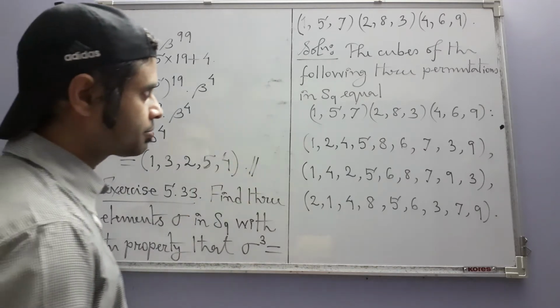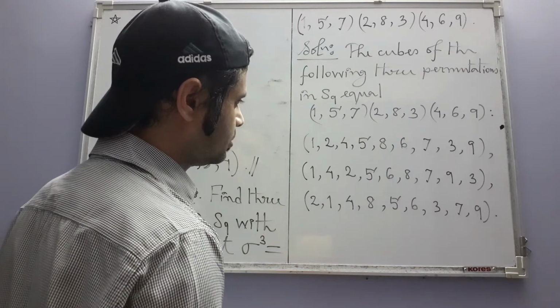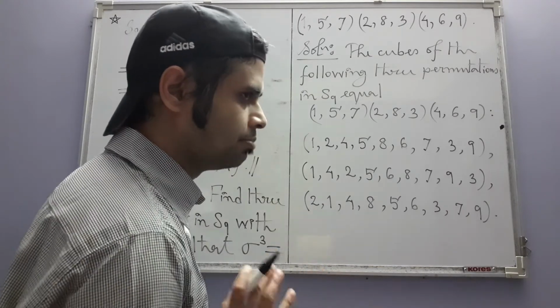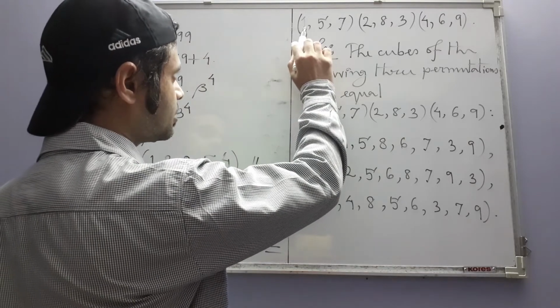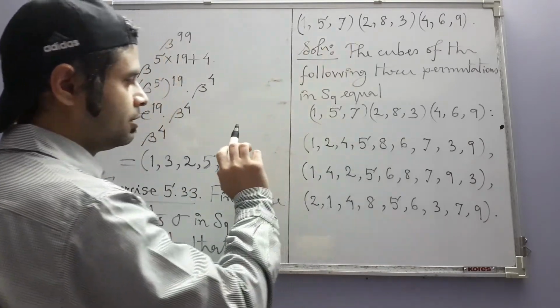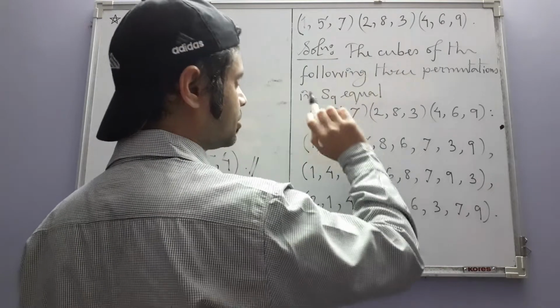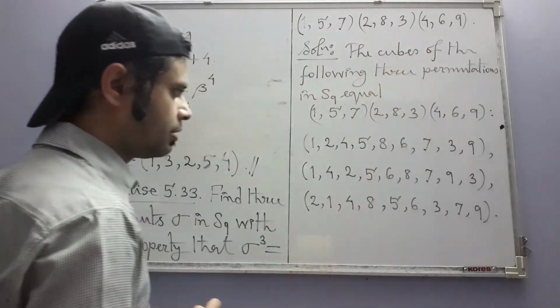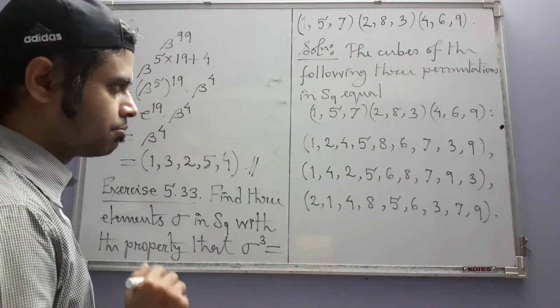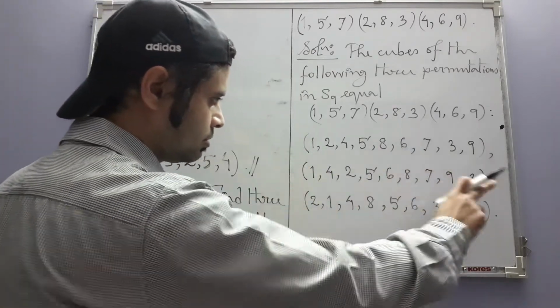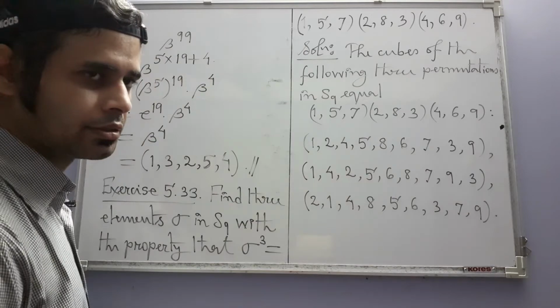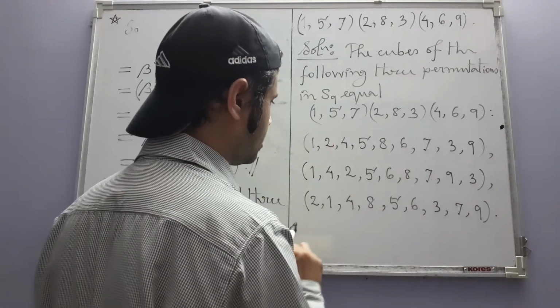Note that there are three sets of symbols, disjoint symbols. One of the sets has these symbols 1, 5 and 7. The other one has 2, 8 and 3, and this one has 4, 6 and 9. Now look at the positions where these things are appearing in each of these 9 cycles. Each one of them is a 9 cycle.